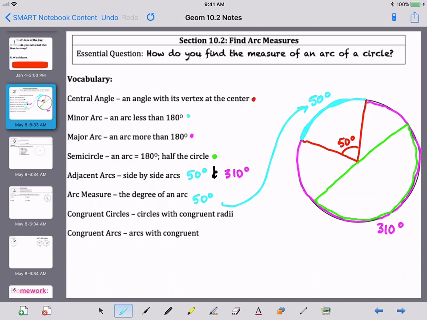This is pretty self-explanatory, but congruent circles are circles that have the same radii. So if you have two circles that have a radius of 5 inches, those would be congruent. Same with congruent arcs. Those are arcs with congruent measures. So if you have two arcs with 50 degrees, those would be congruent.